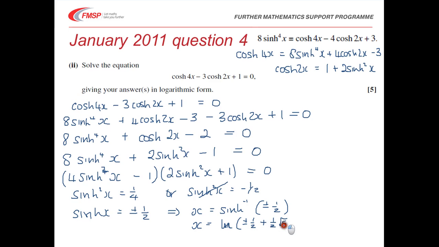So I'll let you check, but that's just substituting in. So we've looked up in our formula books, sinh to the minus 1 of x is ln of x plus the square root of x squared plus 1. And then we substitute that in, and that's the same as plus or minus ln of a half plus a half root 5.